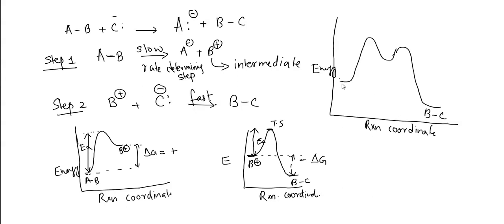So we have BC, here we have AB, here we have B plus. Now this is my transition state 2, my transition state 1, and the energy of activation, this is EA1, and the energy of activation for the second step is EA2.